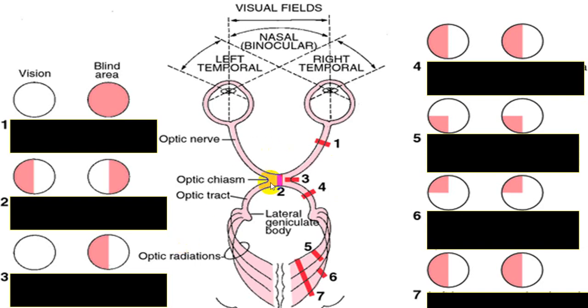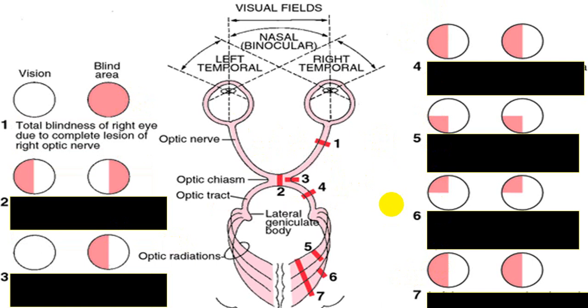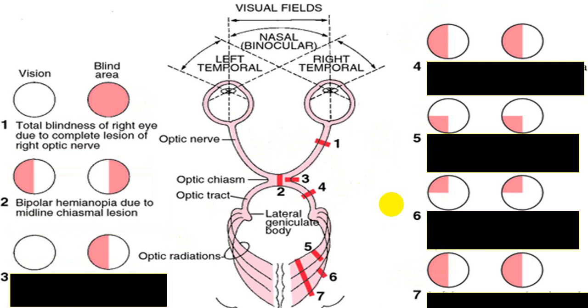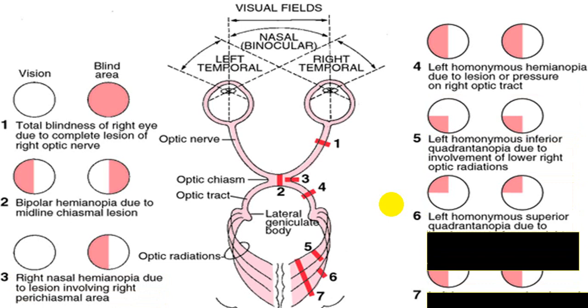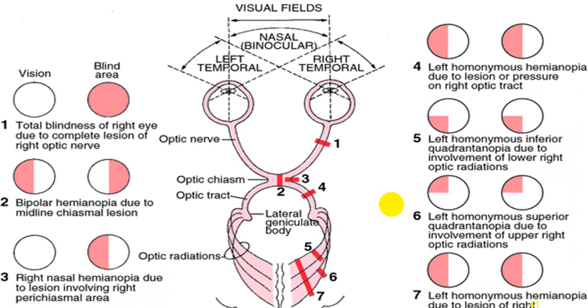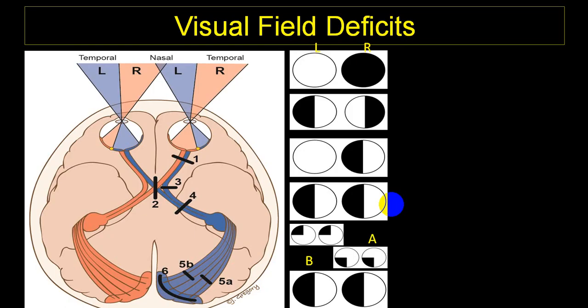Same thing. At your leisure time, you can write down what is 1, what is 2, what is 3, what is 4, what is 5, what is 6, what is 7. Just make an attempt. These are all quiz. You can have a pause and these are the answers. So at your leisure time, you can go through.